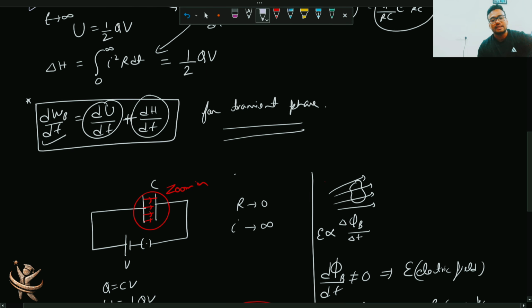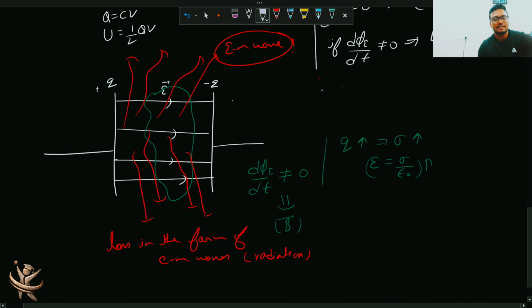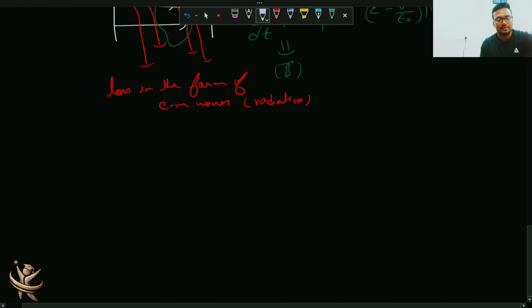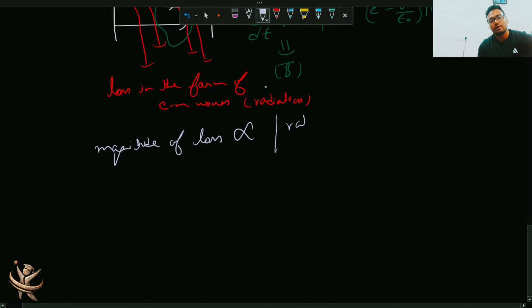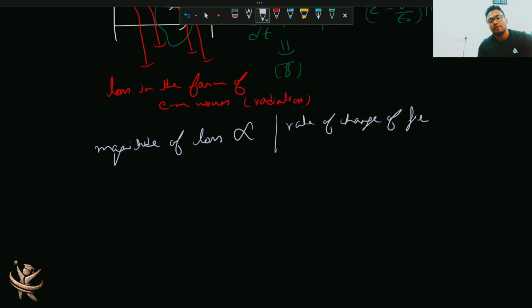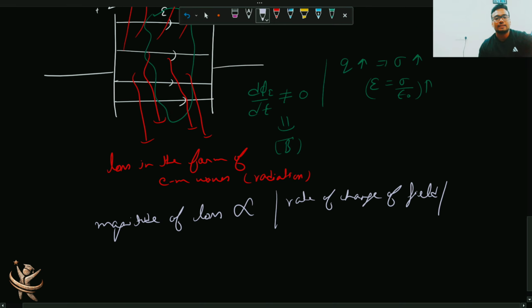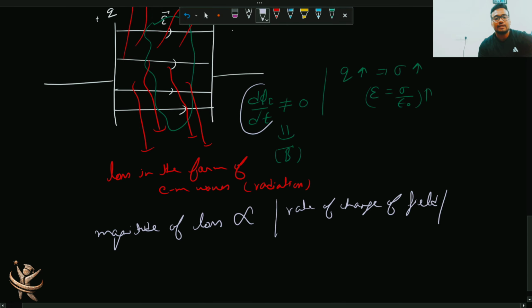See, first of all, beta, the magnitude of this loss is proportional to the rate of change of field. As I said, if electrostatic flux is changing, it will generate a magnetic field.